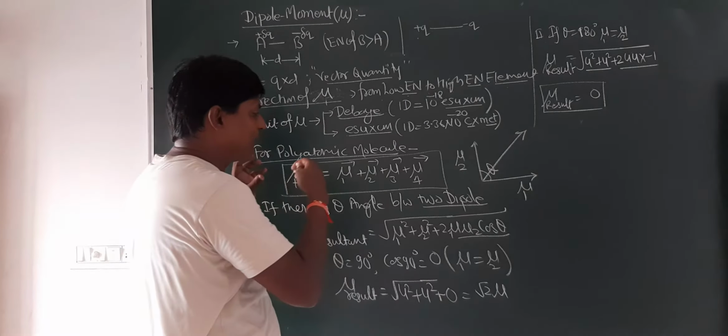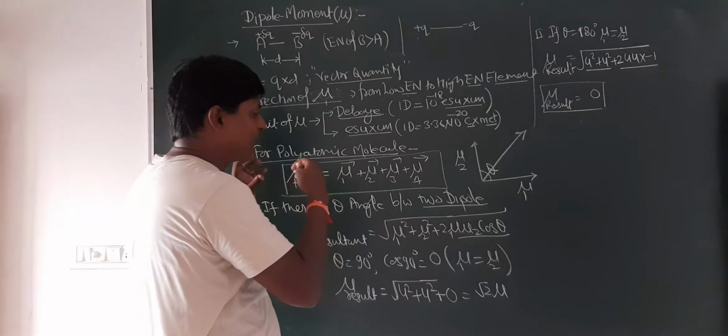And finally, if there is a lone pair present at the central atom, in that case the direction of dipole moment will be from the central atom towards the lone pair. What is our point?